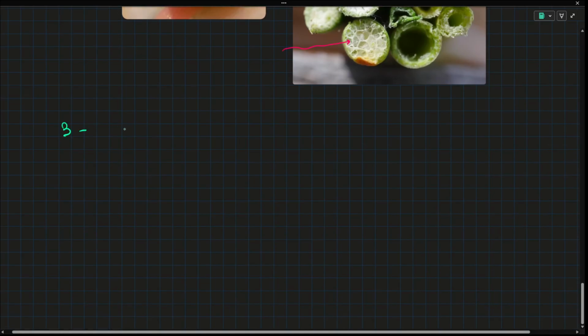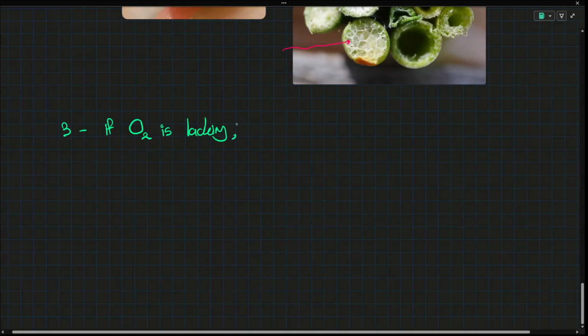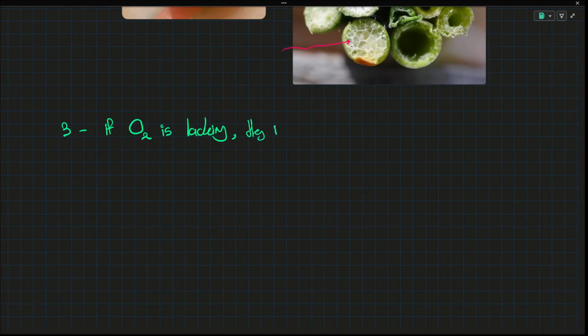The third one is actually a long deal. Now imagine if oxygen is lacking. If oxygen is lacking, that means we cannot carry out aerobic respiration. So to produce energy, of course, they need energy, they resort to anaerobic pathways.